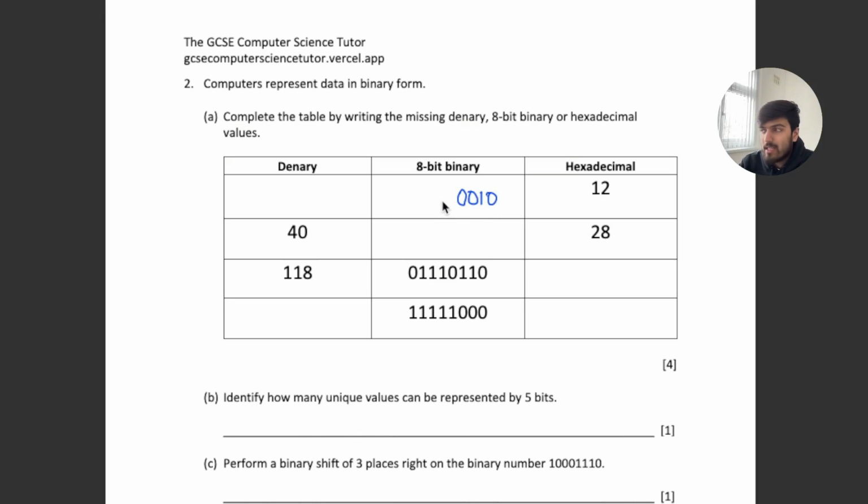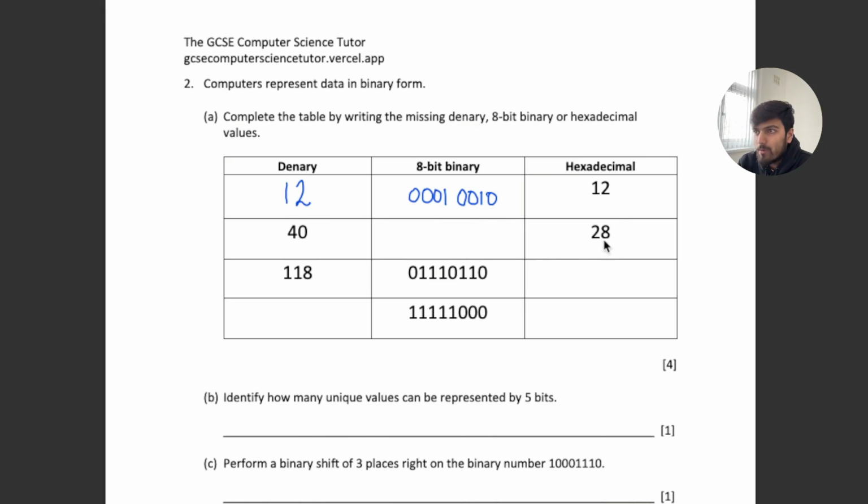And on the left hand side, we're going to have 1, 0, 0, 0, 1. And that's basically what this is. And in denary, because 1 to 9 are just the numbers, we can get away with just writing 12 here.